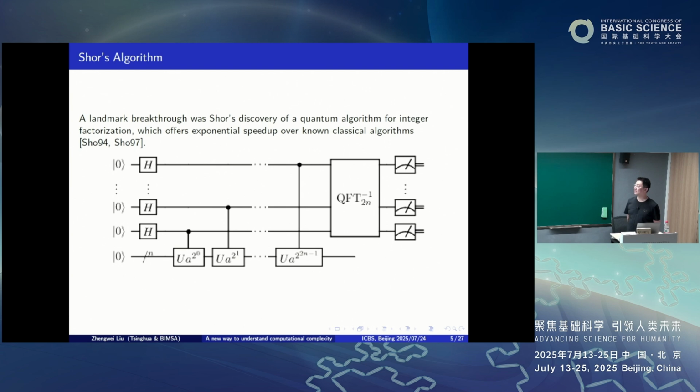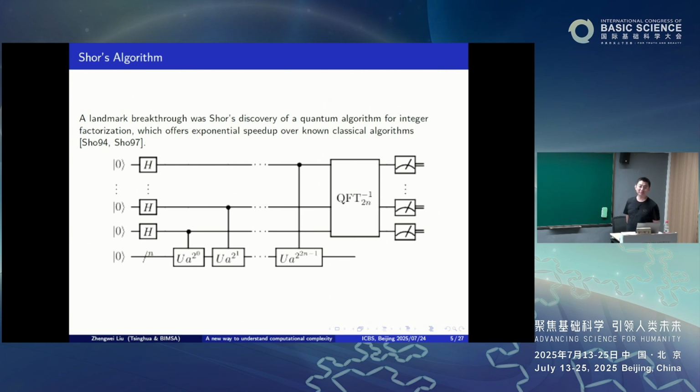And this has been used to design cryptography, like the RSA code. And it's widely used in current technologies in many different ways. So once Shor's algorithm was posted, it shocked the community. First, the factorization problem can be solved by a quantum computer in polynomial time.